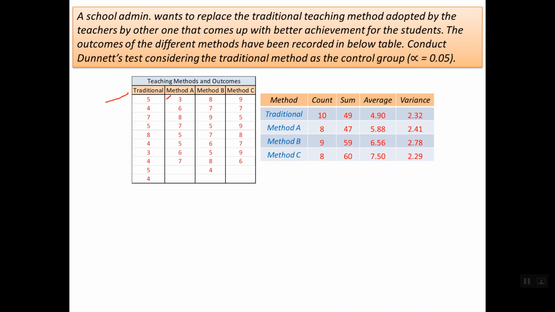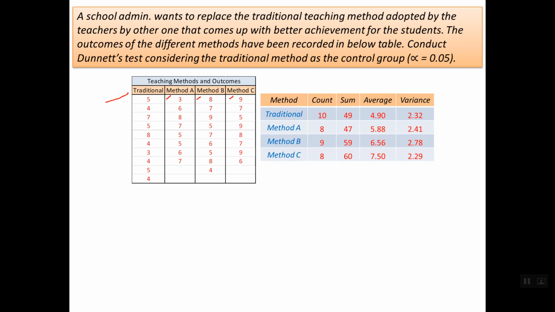Regarding method B, we have 9 observations, or 9 replicates, and these are the records for method B. And the last teaching method, method C, we have 8 observations, and the records are inside this table.